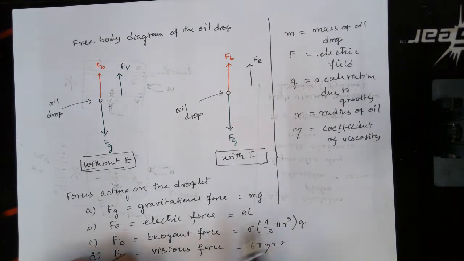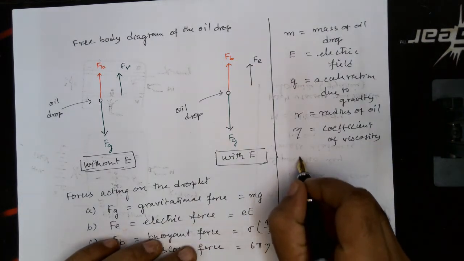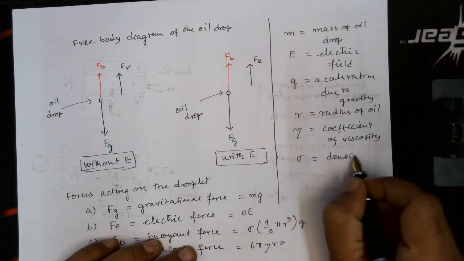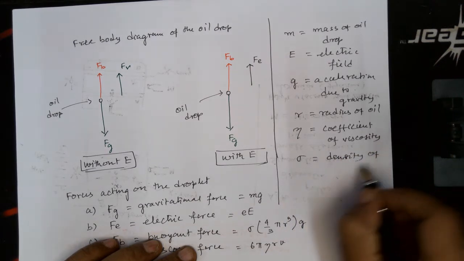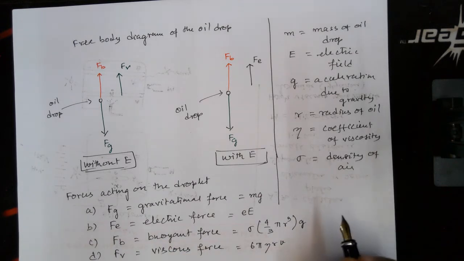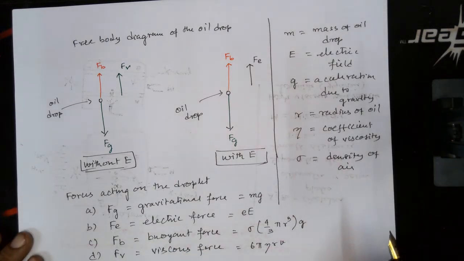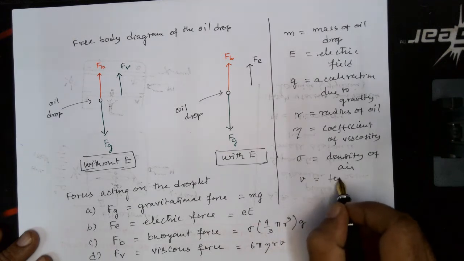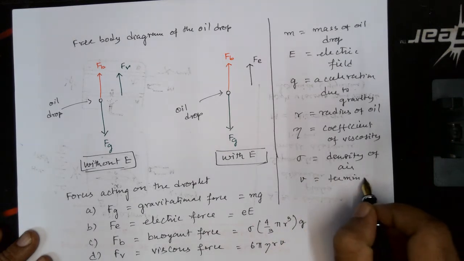Sigma is the density of air. v is called terminal velocity of oil droplet.